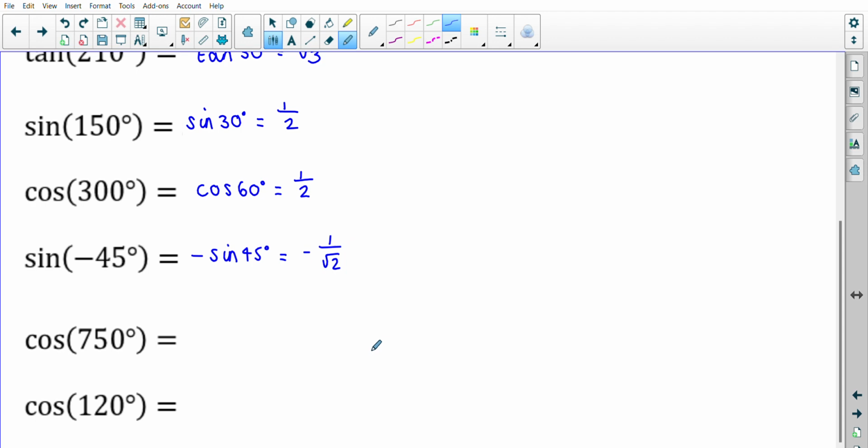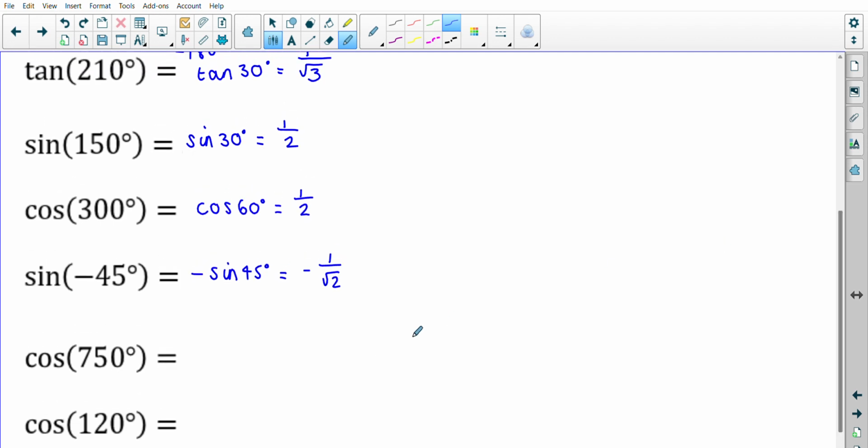If I go to the next one, cos 750 degrees, I'm thinking about the graph repeating every 360. Now, if I take one 360 off, I'm not going to get to an angle of 30, 45 or 60.